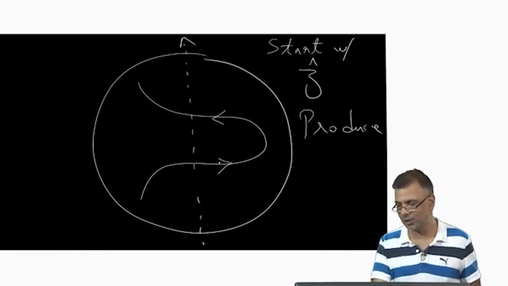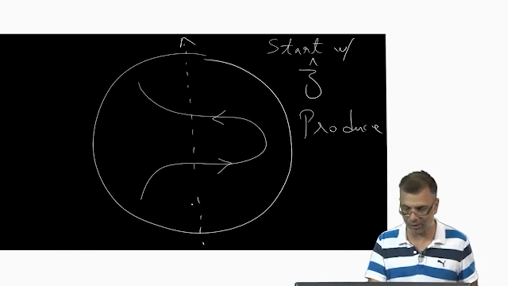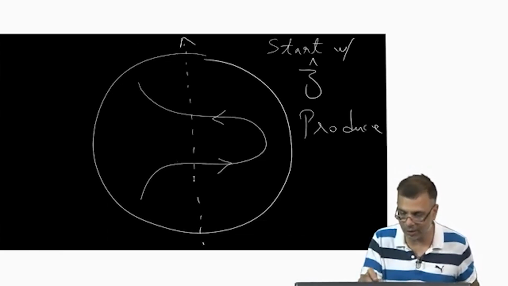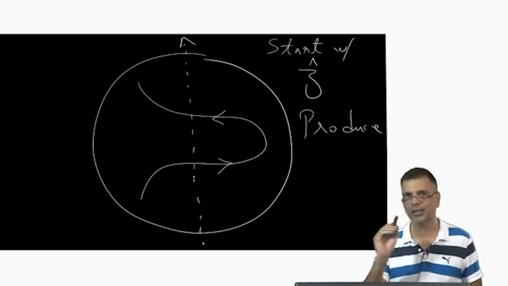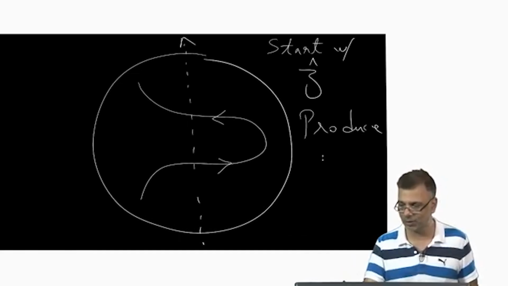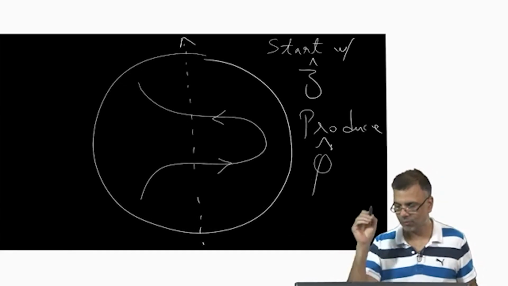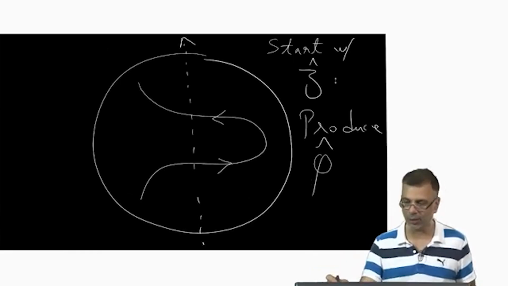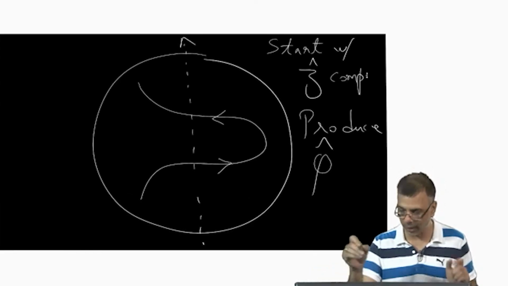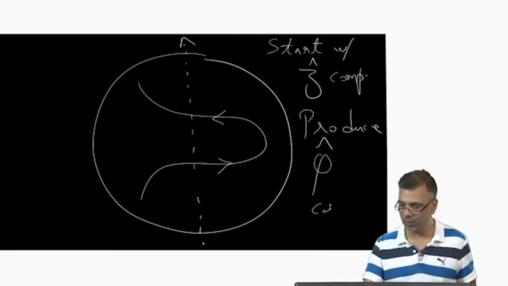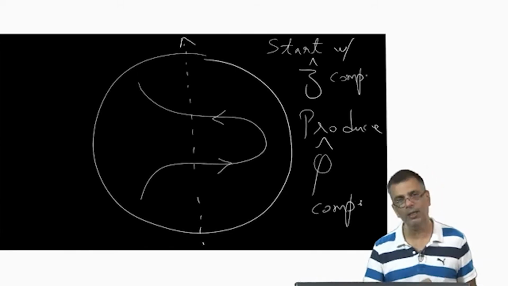You can see that an azimuthal component is present in it. This is no longer a purely z directed field. It is a z directed field plus a phi directed field. Start only with the z hat component and you produce a phi hat component, you see.